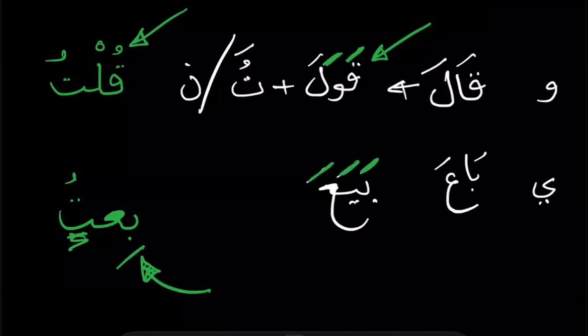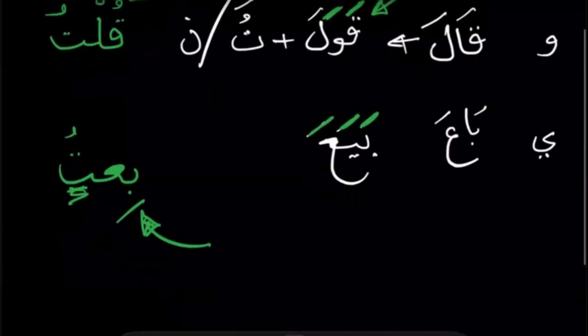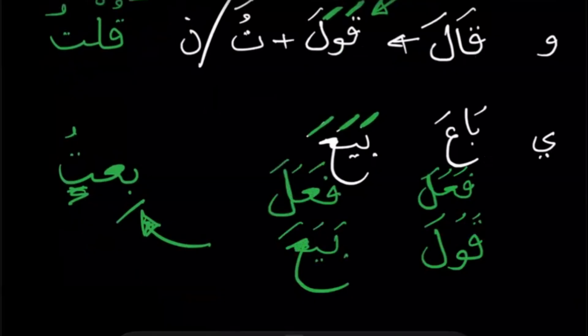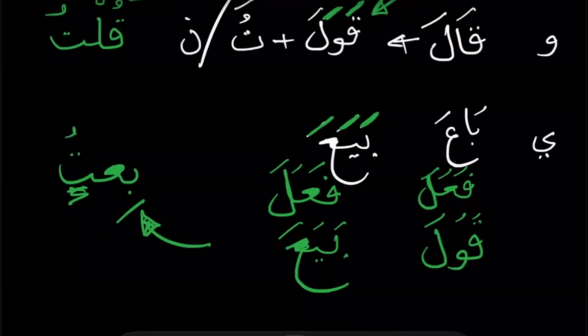So what happened was that we took the patterns of qawala, which is fa'ala, and baya'a, which is also fa'ala. But where did the dhamma come from when we say qultu, and the kasra when we say bi'tu?